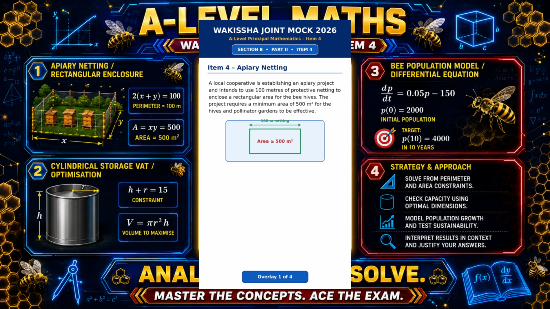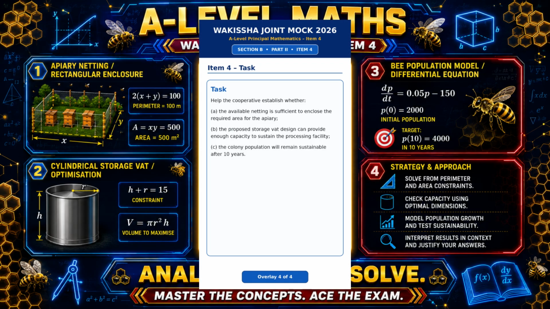Before we proceed, according to the given information, help the cooperative establish whether the available netting is sufficient to enclose the required area of the apiary.